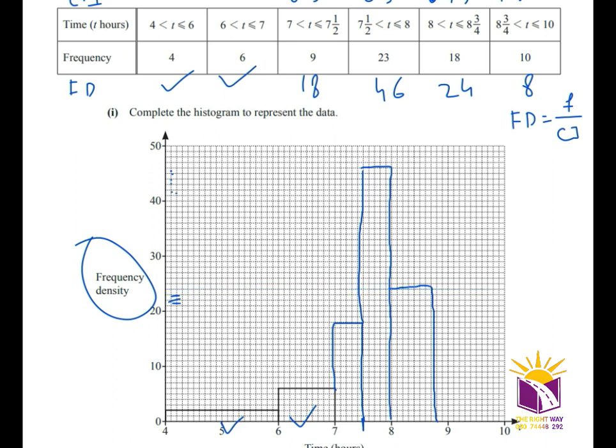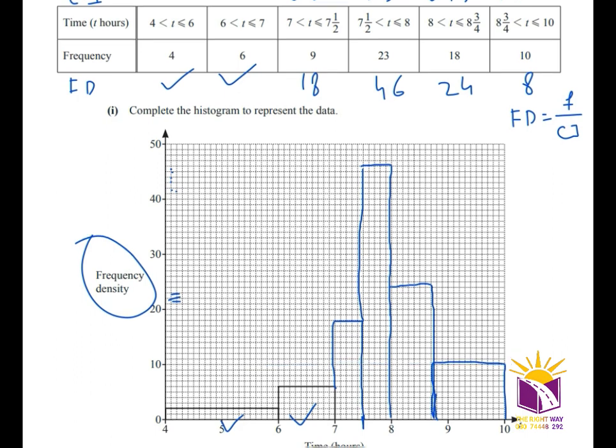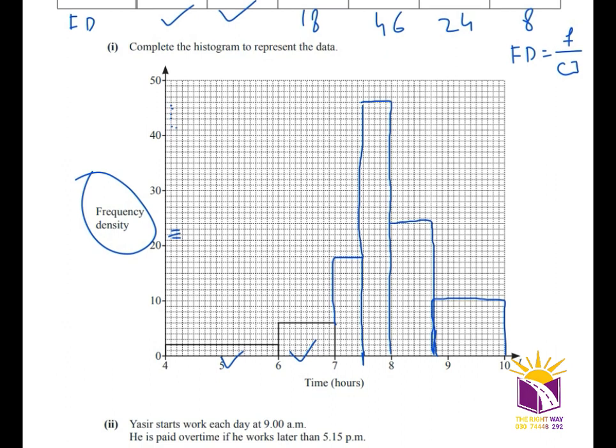Now from 8.75 to 10, it is 10. So 10, so it is like this one. So this is the histogram of frequency density.